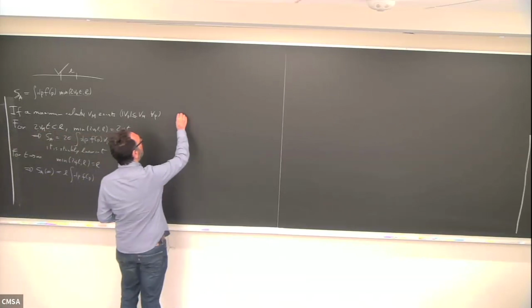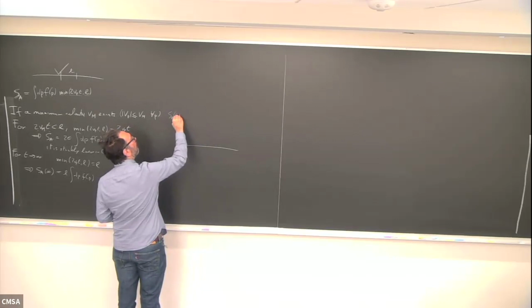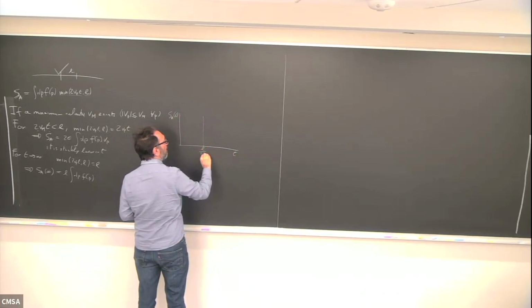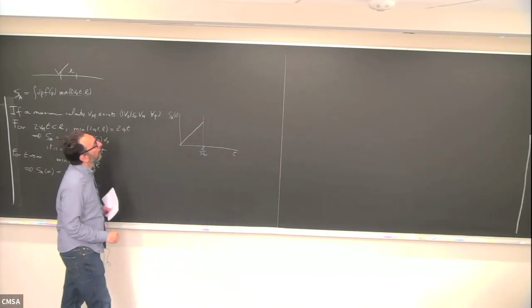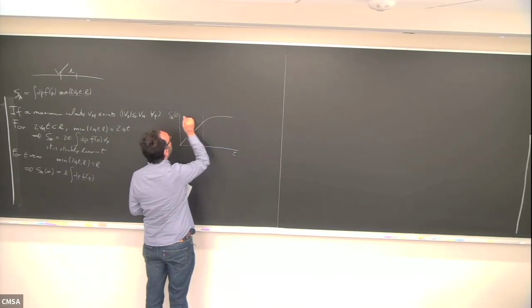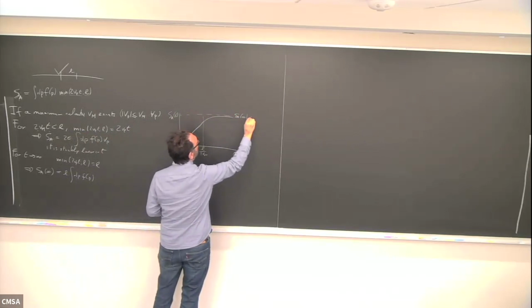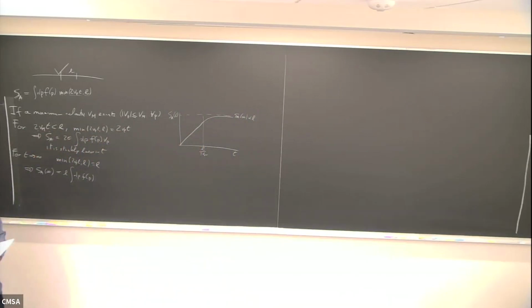Okay, so if we now plot the behavior of the entanglement entropy as a function of time, it is strictly linear up to L divided by 2v_M, then it grows until it saturates to this value. This is the S_A at infinity, which is proportional to L.